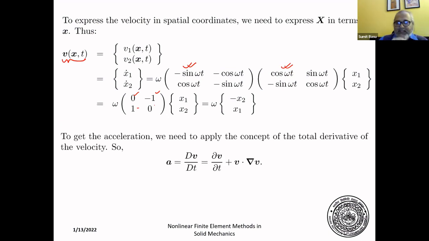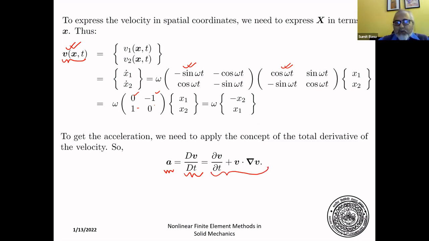So to get the acceleration, now I will have to apply the concept of the total derivative. So acceleration is the total derivative of the spatial velocity v. So I have the spatial velocity here. From here, I want to get the acceleration. So I have to take its total derivative, which is given by this formula as we have seen before.